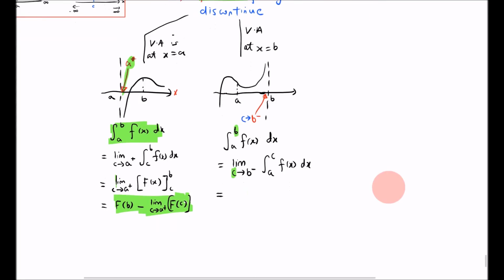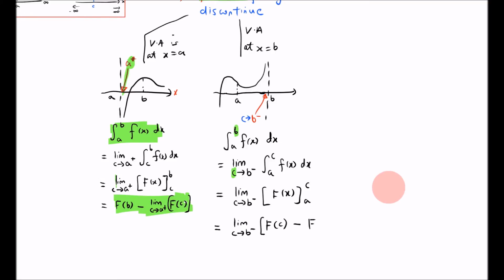Next you bring your capital F(x), the result after your indefinite integration. So you simplify: limit c approaches b minus, square bracket F(c) minus F(a).